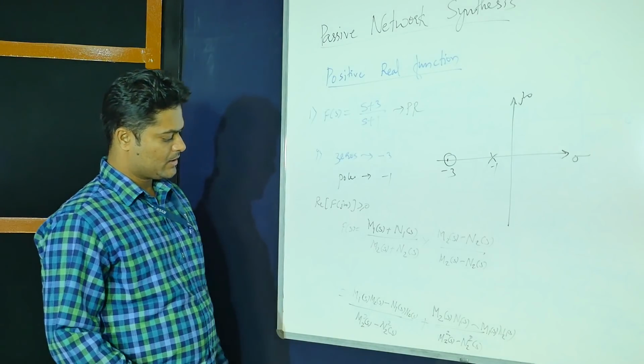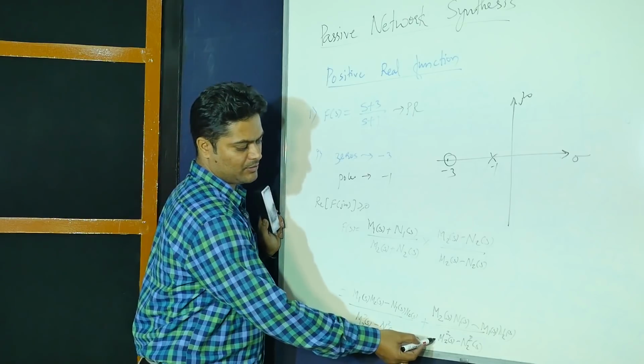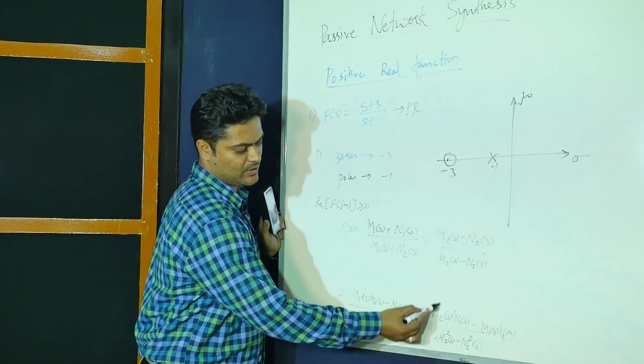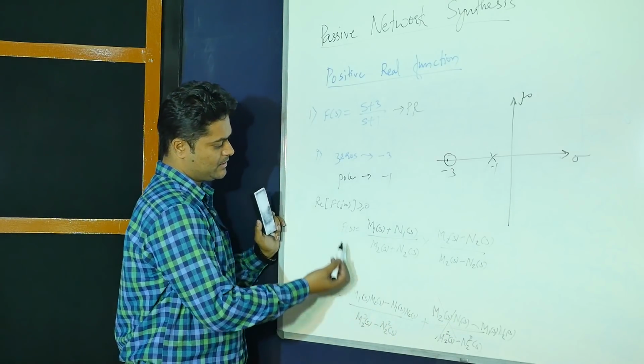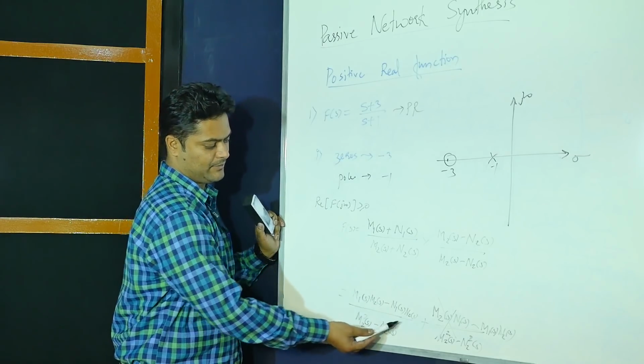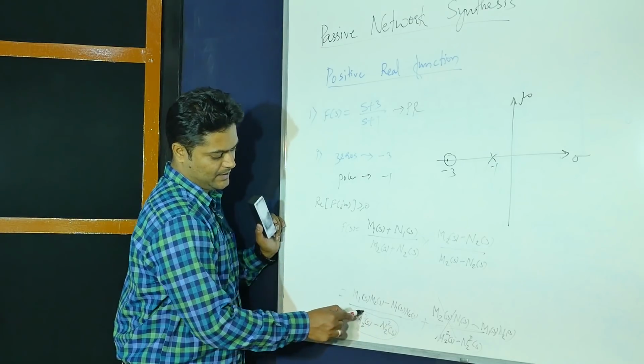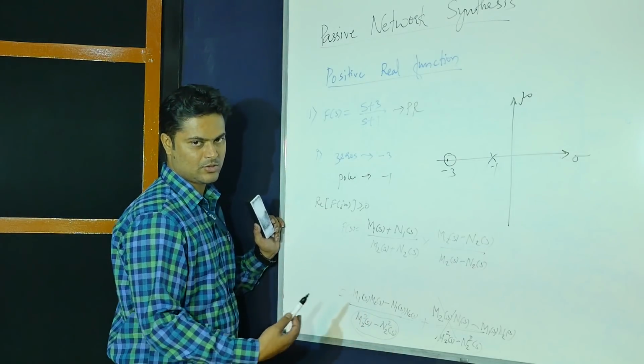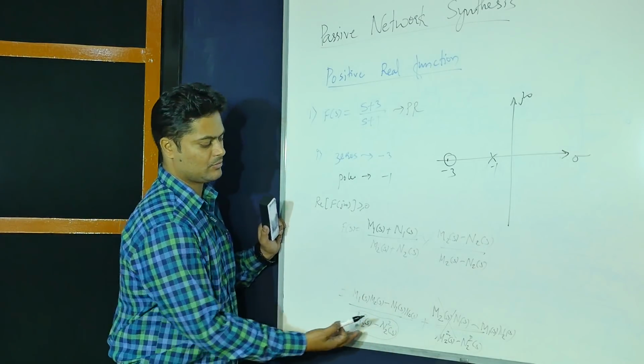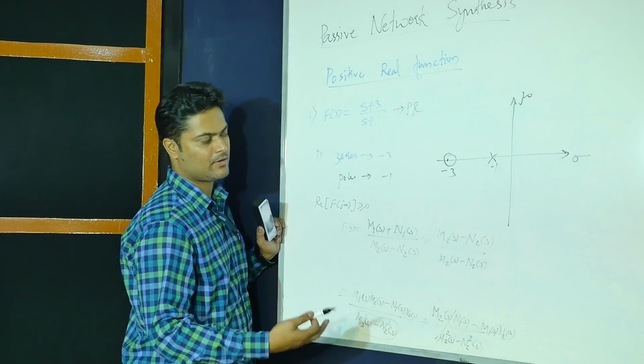So we are not bothered about whether that is greater than 0 or not. We are bothered about the real part of f of j omega. And we know that the denominator, when we multiply with the conjugate, will lead to a positive value, omega square plus 1 or whatever the form.